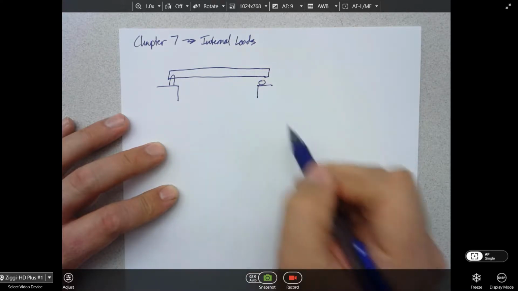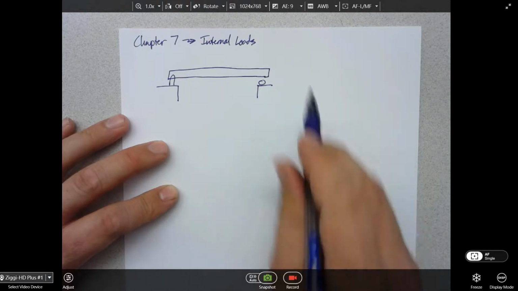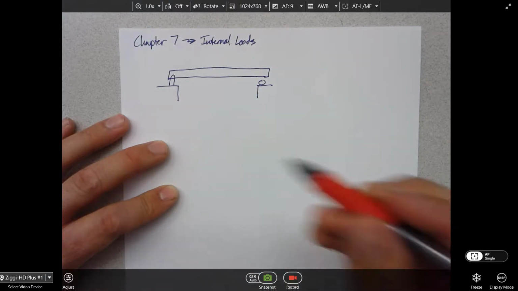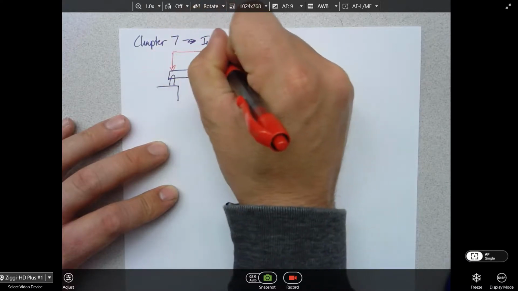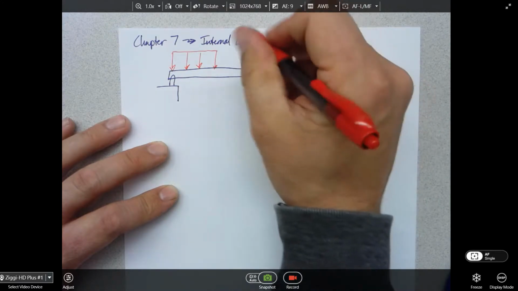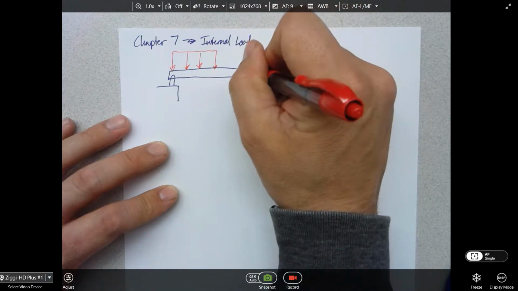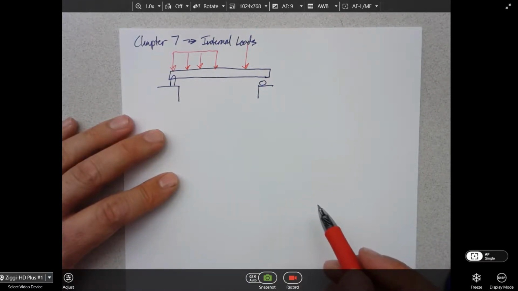This is the classic levitating beam. Little gap there, it just hangs out. Maybe we have some distributed load over the first half of it, and then a point load right here. We need to figure out, will the beam break or not?